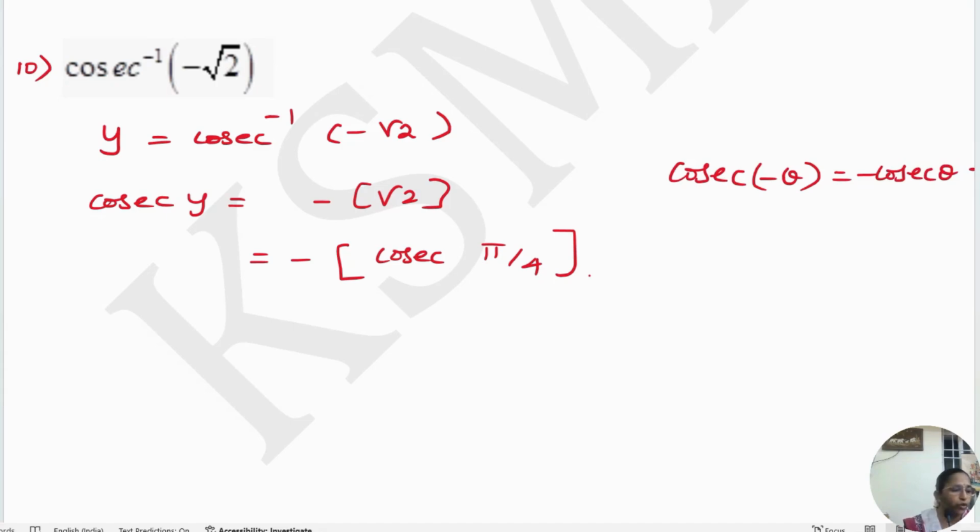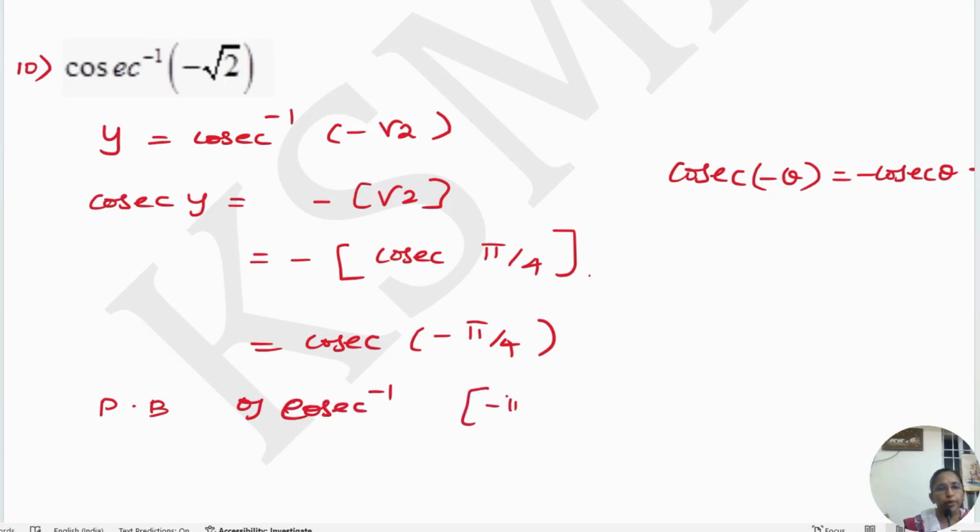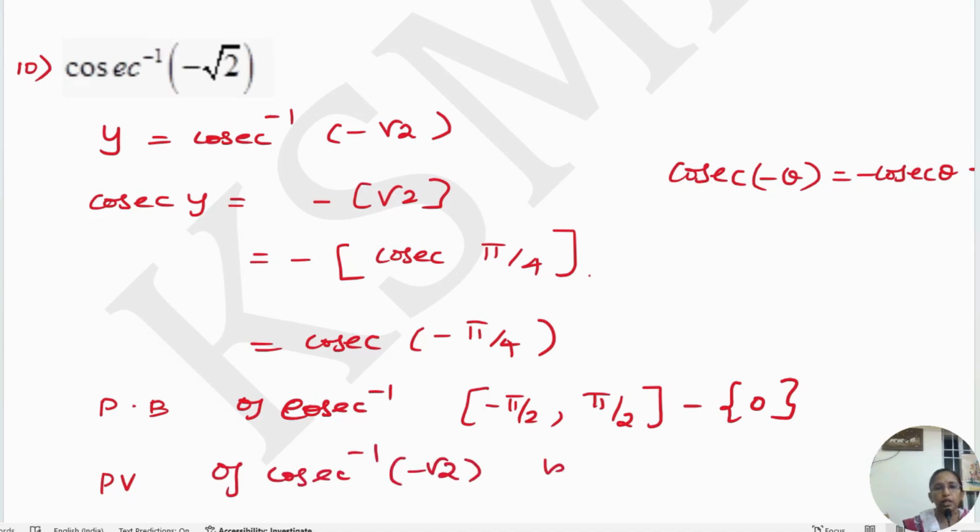So you can take your value here as cosecant of minus pi by 4, and here the principal branch value of cosecant inverse is minus pi by 2 to plus pi by 2 except 0. So this minus pi by 4 falls within this range. So the principal value of cosecant inverse of minus root 2 is minus pi by 4.